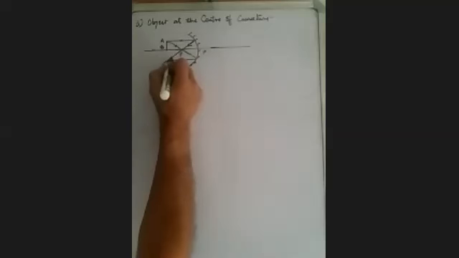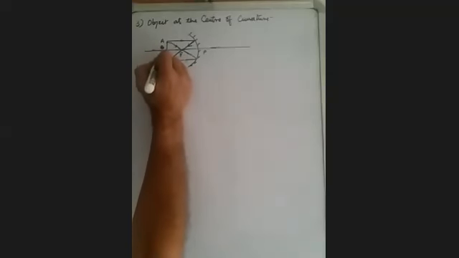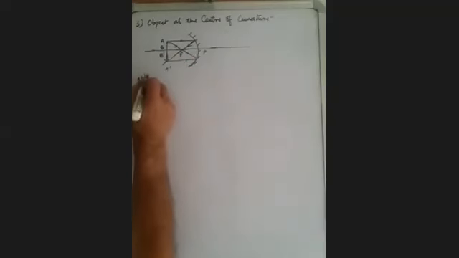So it meets at one point, that means this point will now serve as the image of point A. And the image of point B lies somewhere on the principal axis. Let us draw a normal, a perpendicular from point A. So this point is B dash. So A dash B dash is the image of AB.